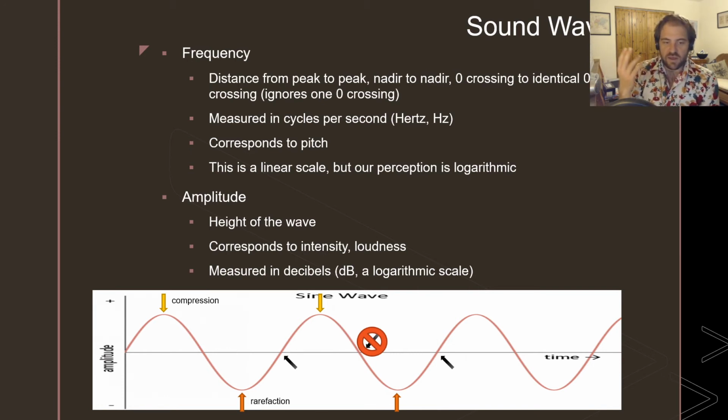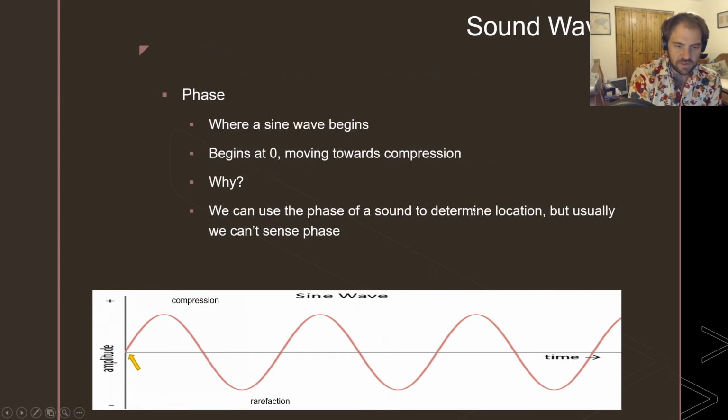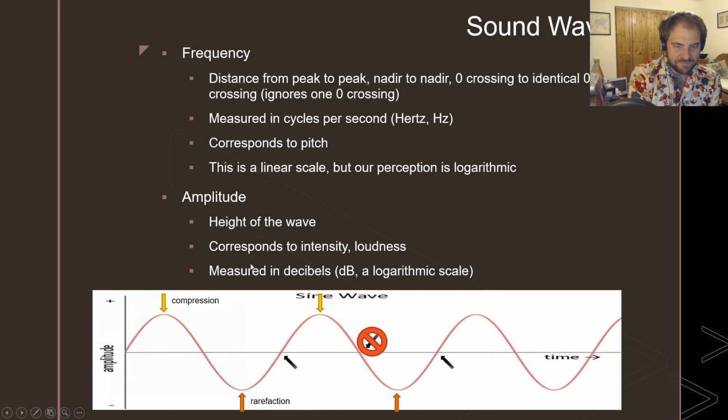But essentially, amplitude is just the height of the wave. So from this 0 point right here up to where the wave is, that's the amplitude. So from 0 to where this yellow arrow is pointing, that's the amplitude.